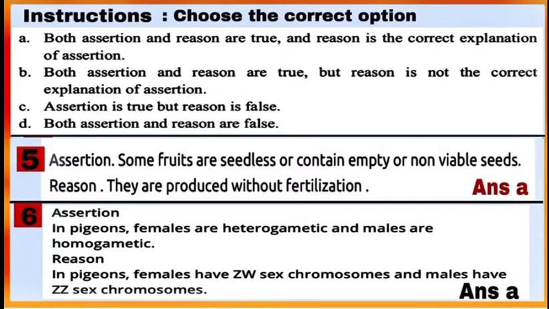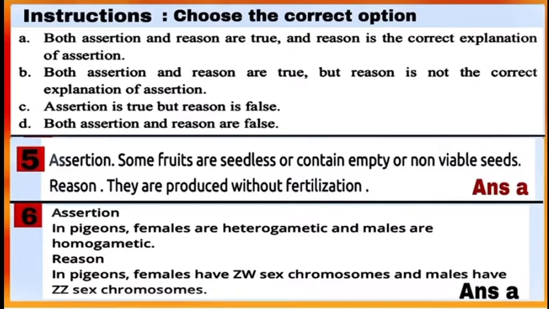Question 6, assertion. In pigeons, females are heterogametic and males are homogametic. Reason. In pigeons, females have ZW sex chromosomes and males have ZZ sex chromosomes.